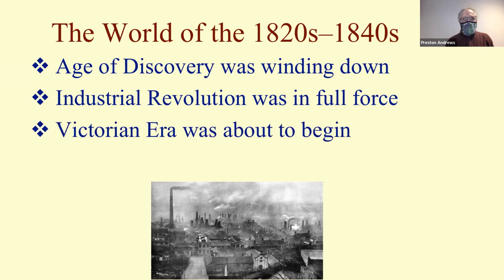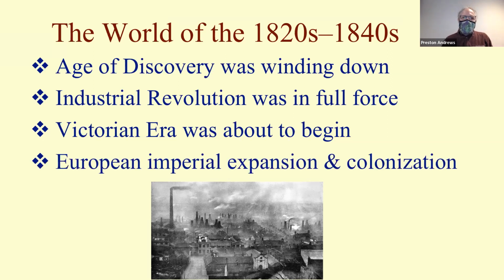It was also about to begin the Victorian age, the great age of art and industry that Queen Victoria and her husband, Prince Albert, fostered in their reign. It was also an age of imperial expansion of the European nations, Britain, France, Germany, the Netherlands, and later the US, and the colonization.